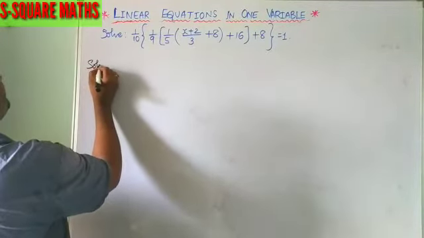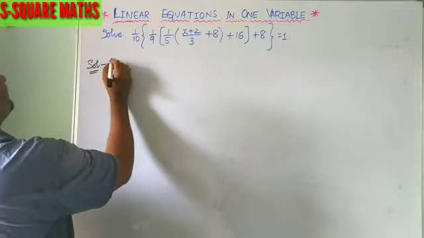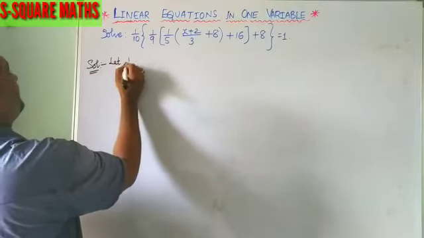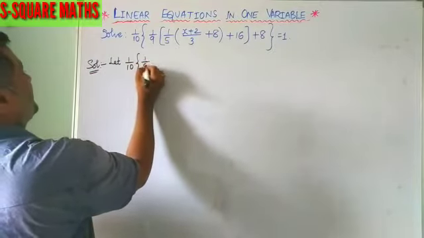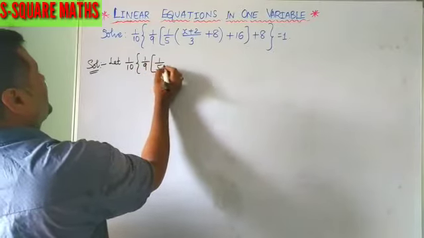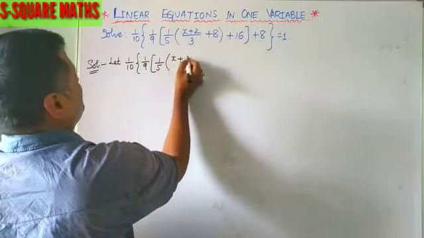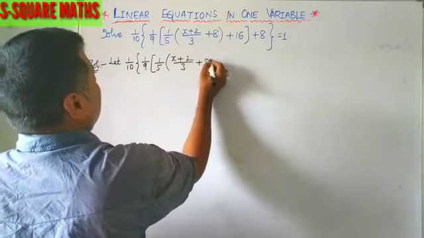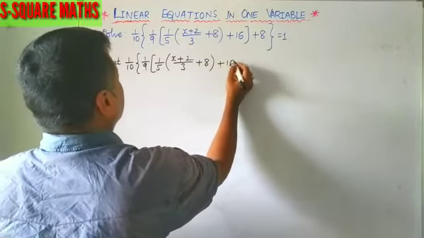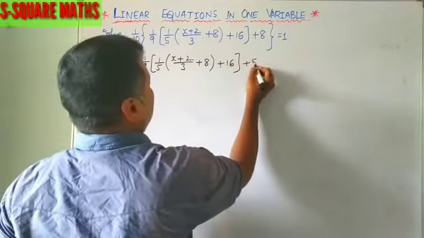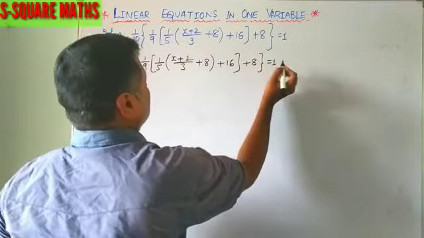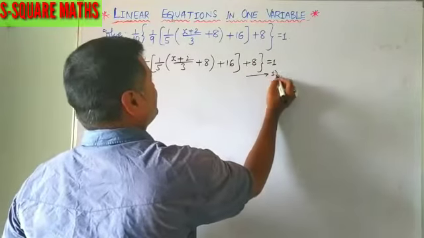Solution follows. Let 1 by 10 of [1 by 9 of [1 by 5 of (x plus 2 by 3) plus 8] plus 16] plus 8 is equal to 1. Mark this as equation number 1.